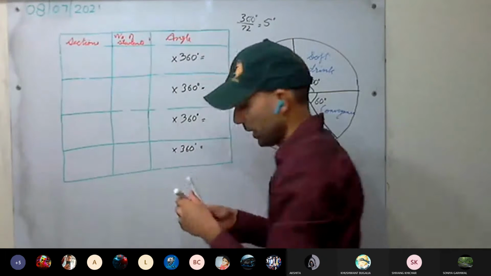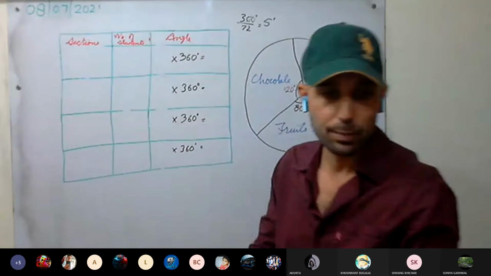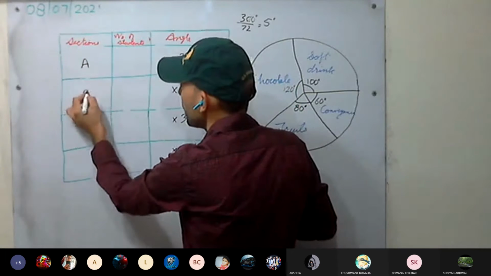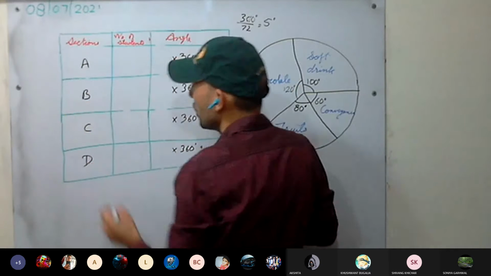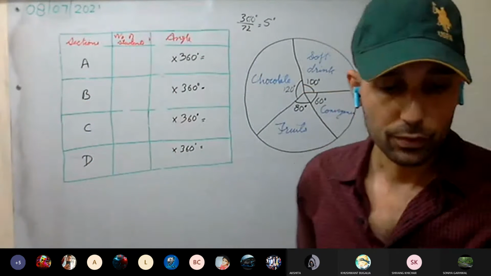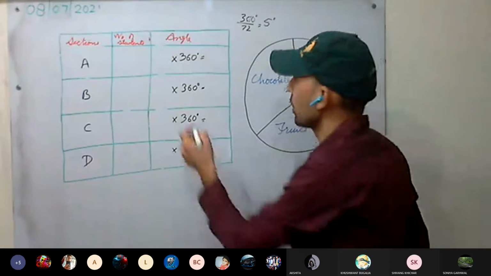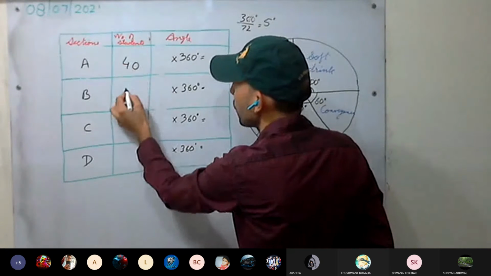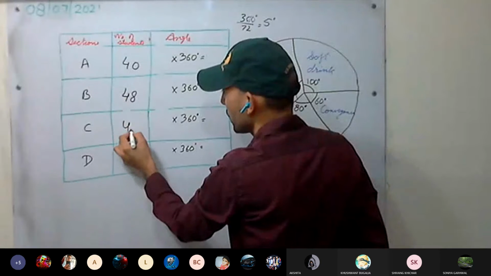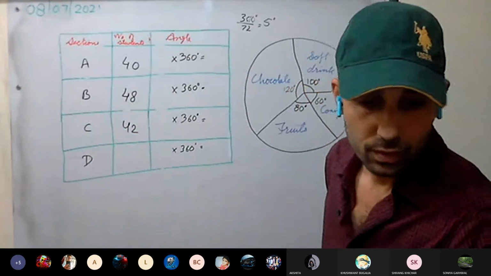We have A section, B, C, D. 4 sections are there, and the number of students are 40, 48, 42, and 40, I think.